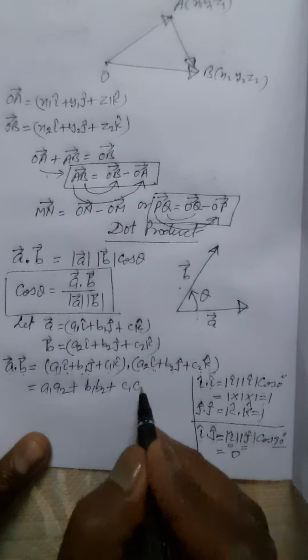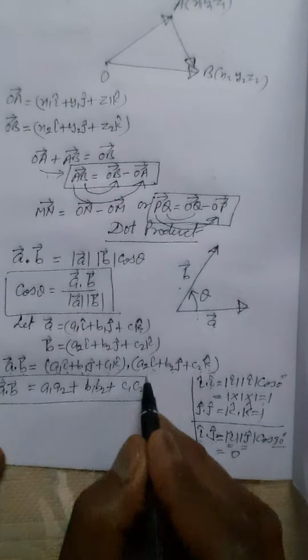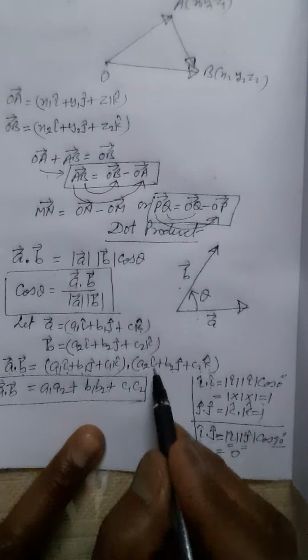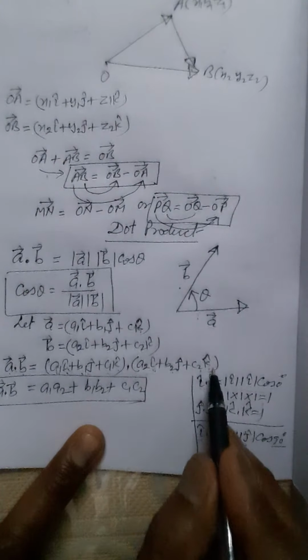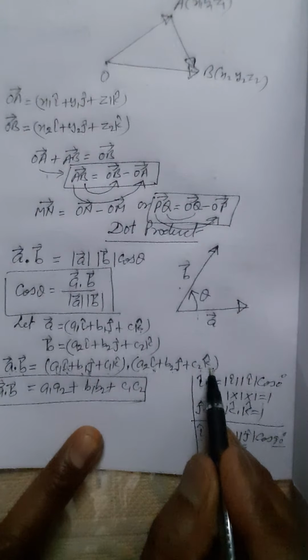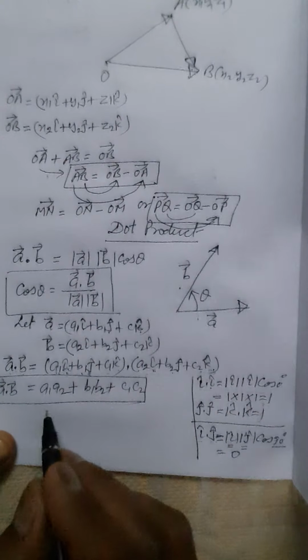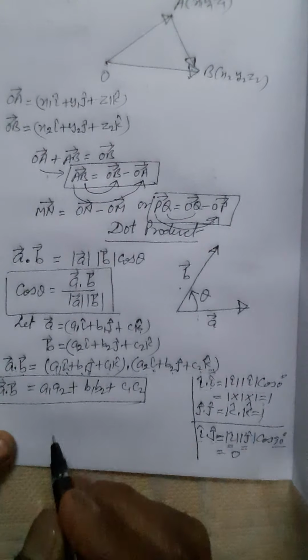So A1A2 plus B1B2 plus C1C2. All other parts will be 0 because in any other case, we are multiplying i dot j will be 0, i dot k will be 0, j dot i will be 0, j dot k will be 0, like this. And this is the dot product between two vectors.